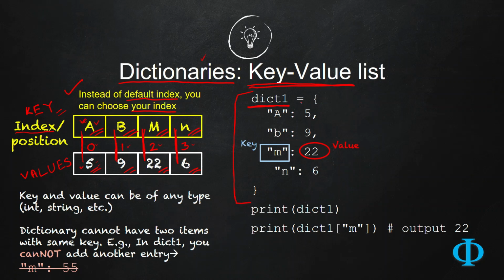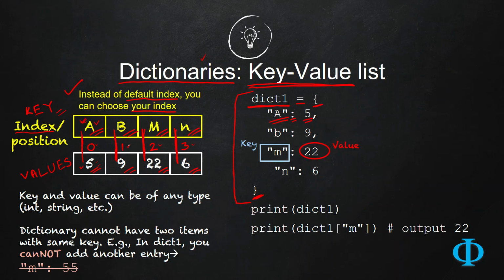After that, there is an equal symbol, and then inside an opening and closing curly brace, you have to first specify the index, then a colon, followed by the value that you want to store.